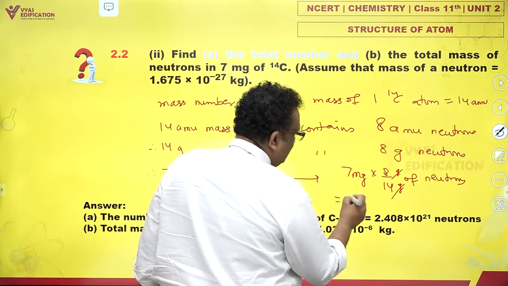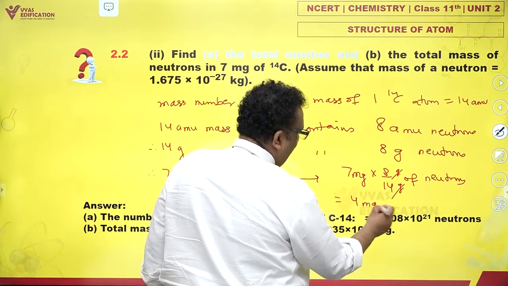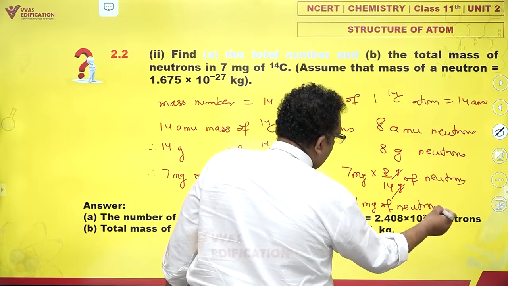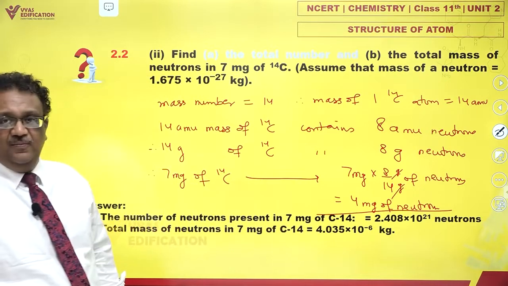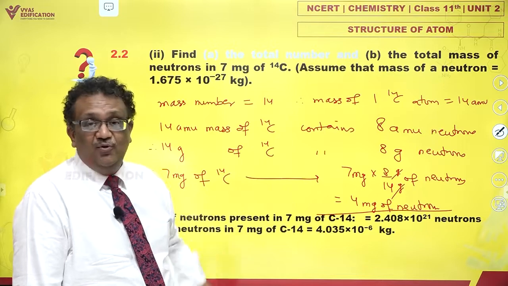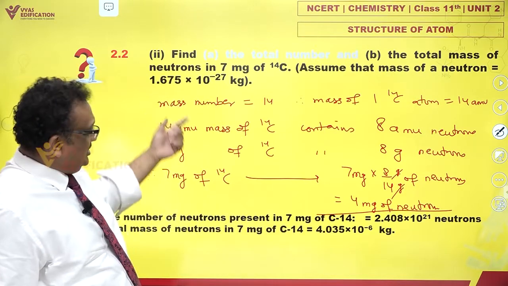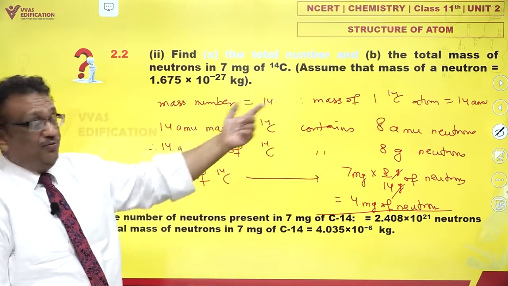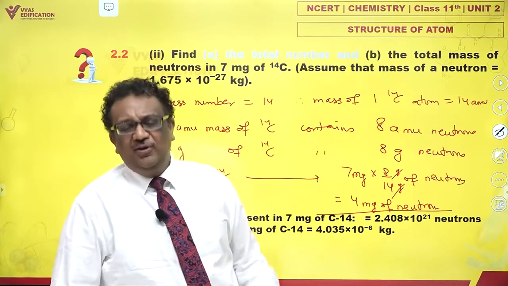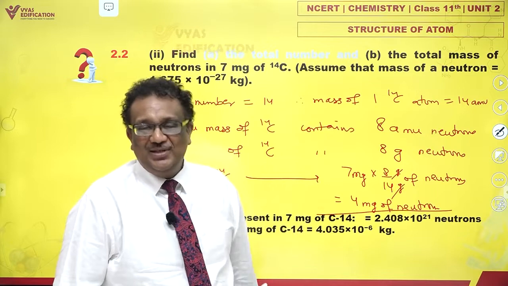So that is 4 milligrams of neutrons. Of course, this is an approximate answer. You can cross-check very easily. 4 milligrams of neutrons should be there. An accurate answer would be obtained if you multiply that number of neutrons by the mass of each neutron, and then you get 4.035, whatever. That's as close as it gets.